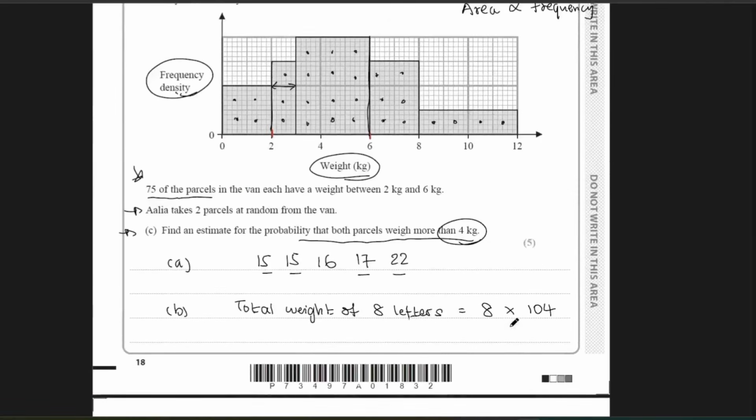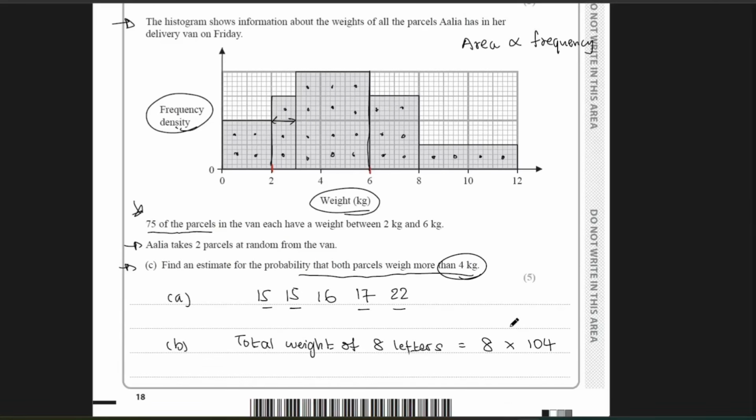Now we need to find the number of parcels that weigh more than 4 kilograms to calculate the probability. So from this point onwards, how many squares do we have? Let's count. 1, 2, 3, 4, 5, 6, 7, 8, 9, 10, 11, 12, 13, 14, 15, 16, 17, 18.